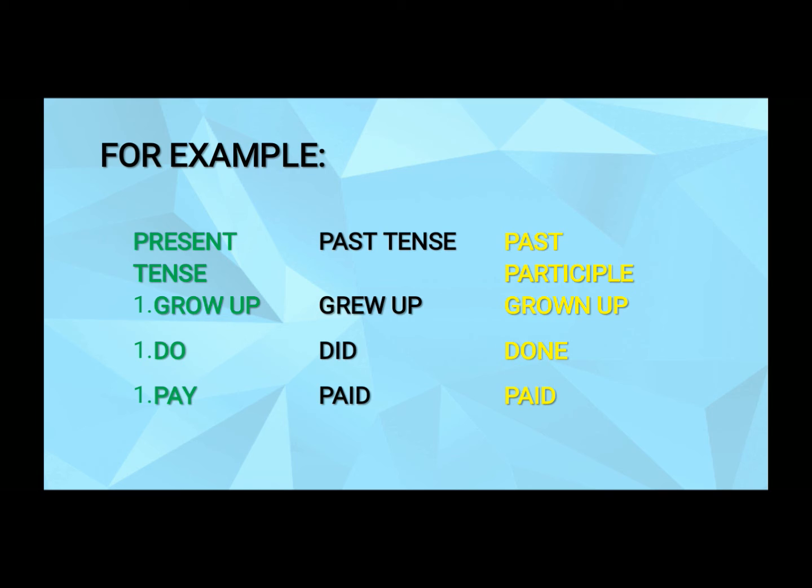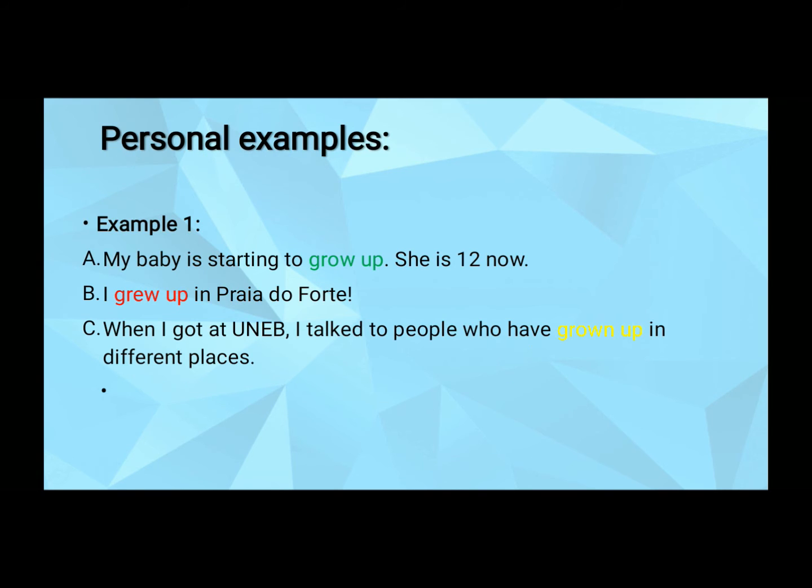So, here you have some. My baby is starting to grow up. She is 12 now. Past tense: I grew up in Praia do Forte. Participle: when I got to Nabi, I talked to people who have grown up in different places.